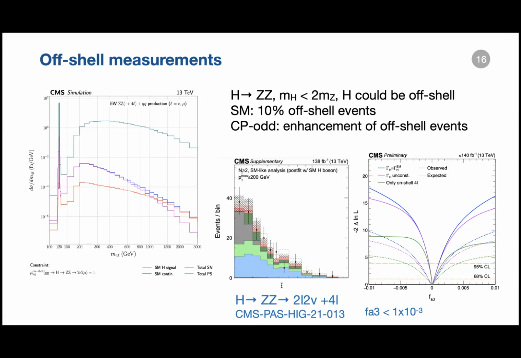But it's definitely the offshell region, because you have the two neutrinos, so you cannot really construct the invariant mass of the two Z's. So it's probably the transverse mass or PT of the system. Okay, fine.